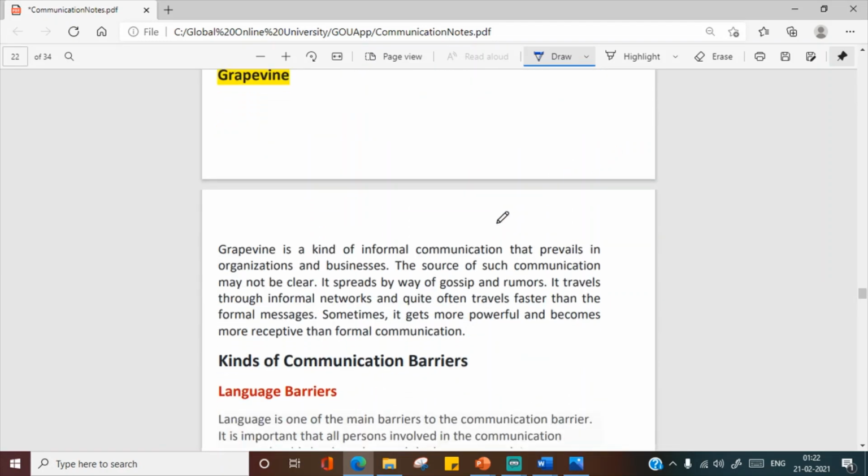One important type is grapevine communication. Recently, very few questions have been asked on this, but still you should know it because a few years ago, grapevine was one of the important topics. They asked a lot of questions. Grapevine is a kind of communication which usually involves rumors and gossip. It is a kind of informal communication, so there is nothing true about it.